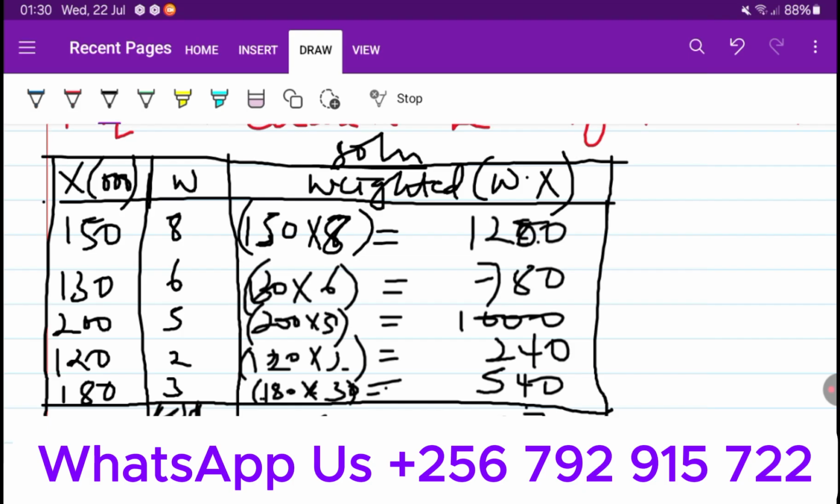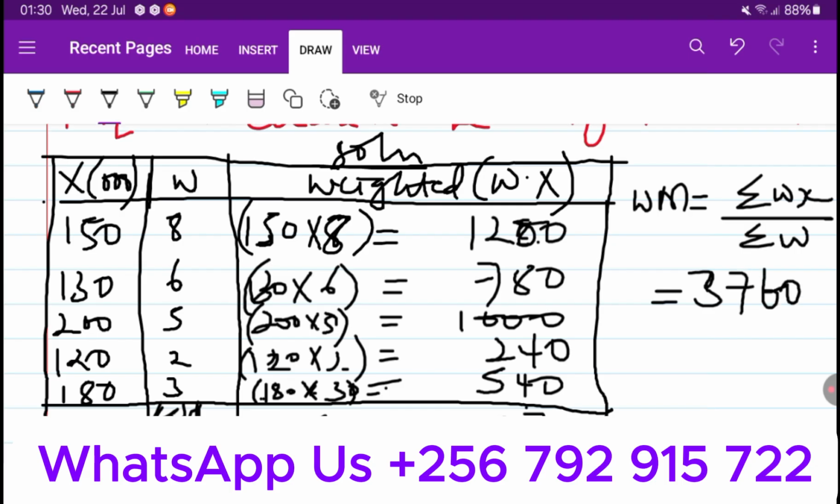So the weighted mean is actually the summation Wx over summation W. So it will be 3,760 divided by 24, and that will give you 156.667.